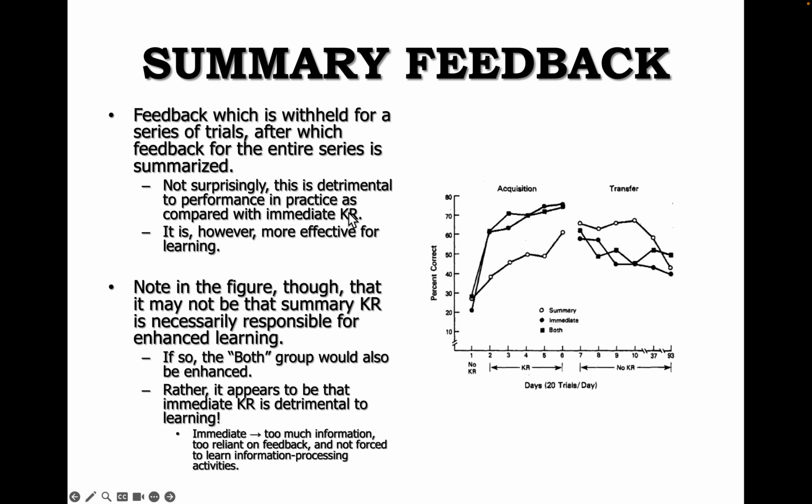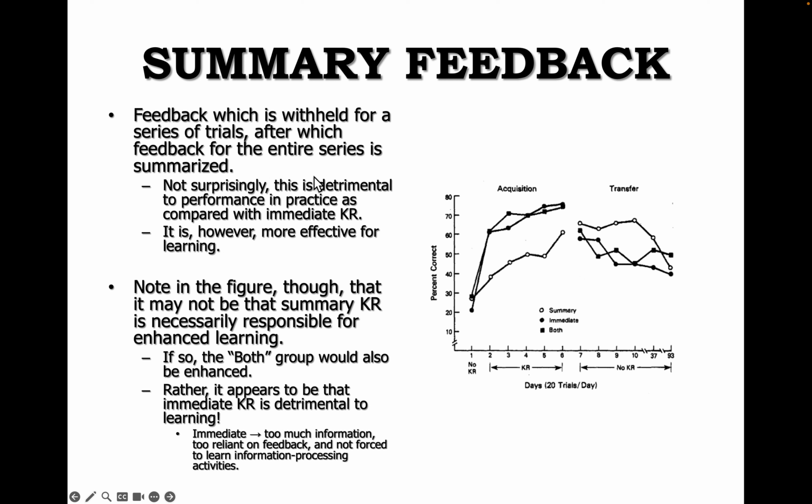Meaning that if we give summary feedback, for example, let's say you had a basketball game, and at the end of the game, when you get back in the locker room, the coach says, we made 50% of our shots. That would be considered summary feedback because we're given feedback from the entire game, a summary of the game.